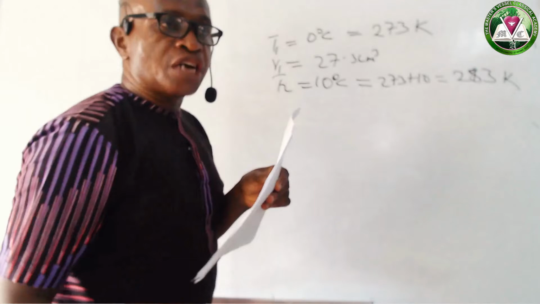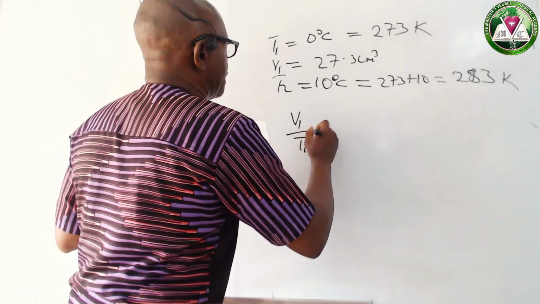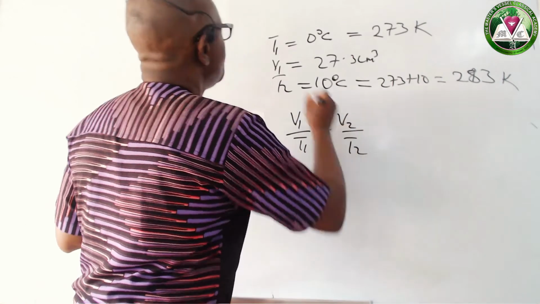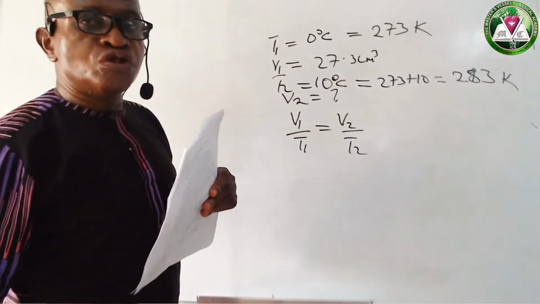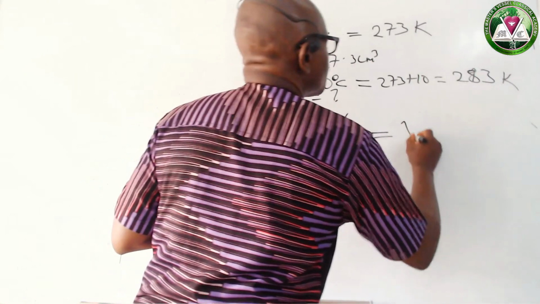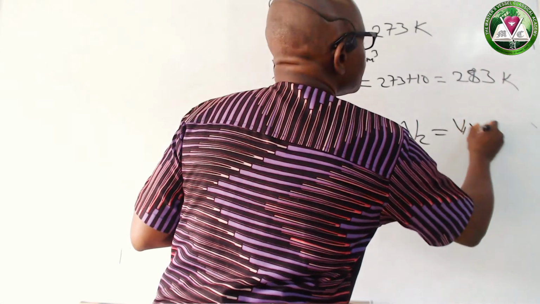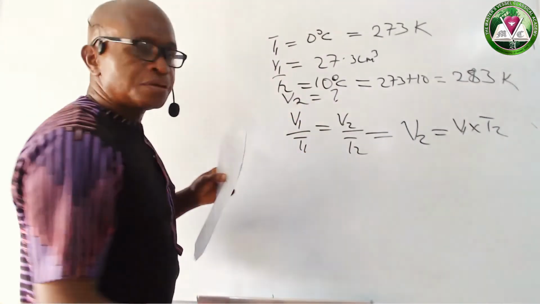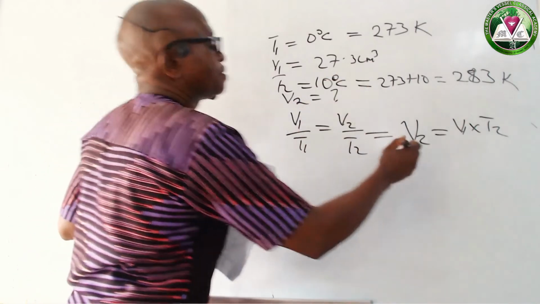Then you use the law that says V1 all over T1 equals V2 all over T2. You know here that we don't know what V2 is, which means we'll make V2 the subject of the formula. And if we are making V2 the subject of the formula, you have V1 times T2 divided by T1.